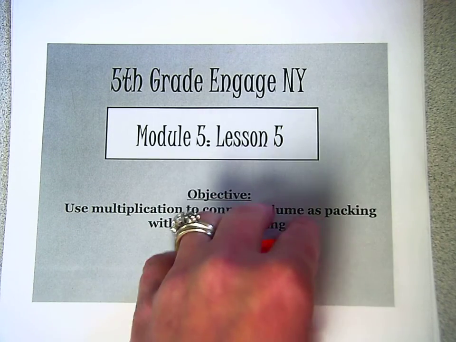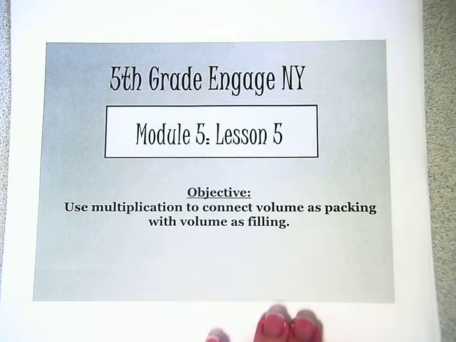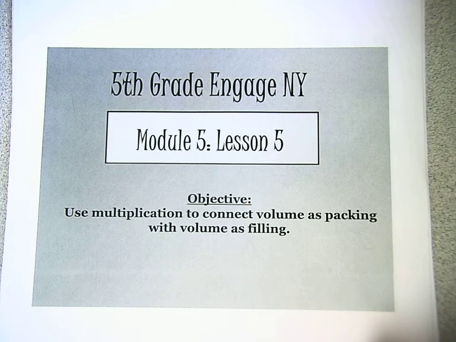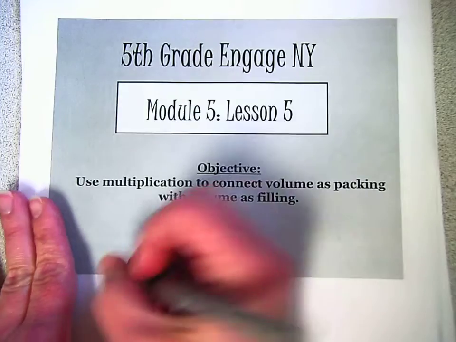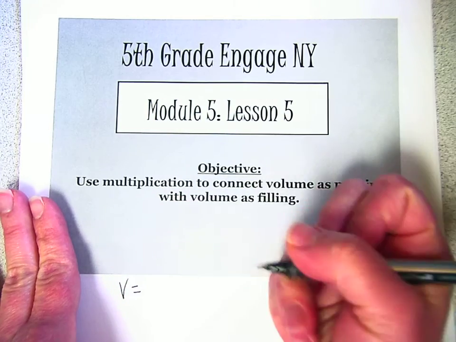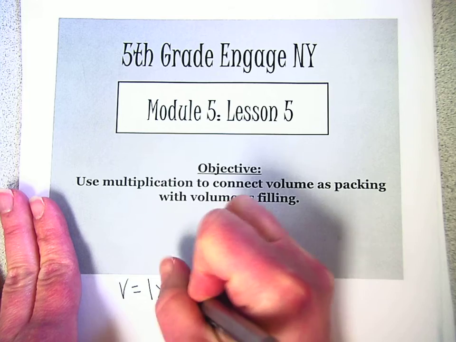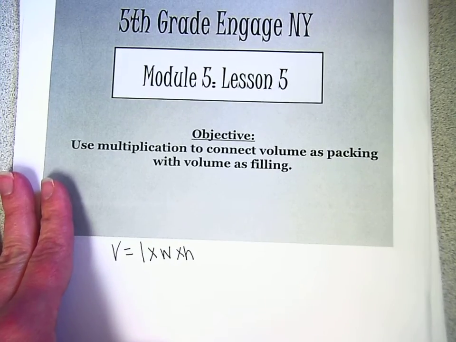So in lesson 4, we learned that you can also take that volume, and without using cubes, you can multiply the length times the width times the height of a structure, and that will give you the volume.